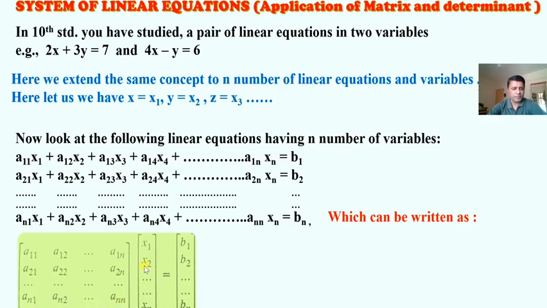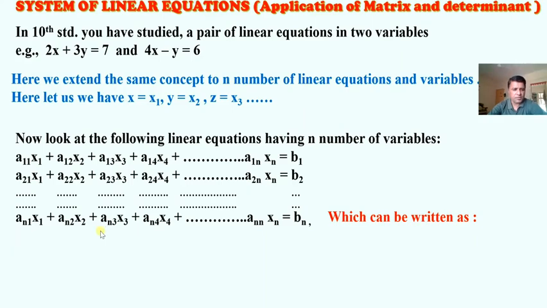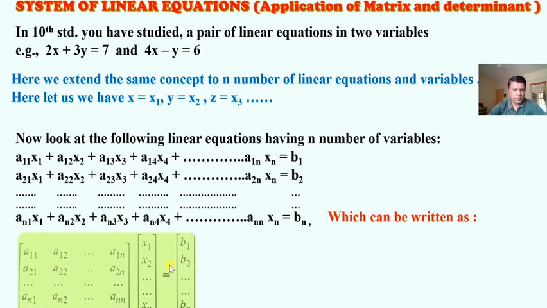In this case, a11, a12, a13, a14 form the first row, and similarly the second row, up to n terms, and we have n rows. These constants are being multiplied by the n variables x1, x2, up to xn.